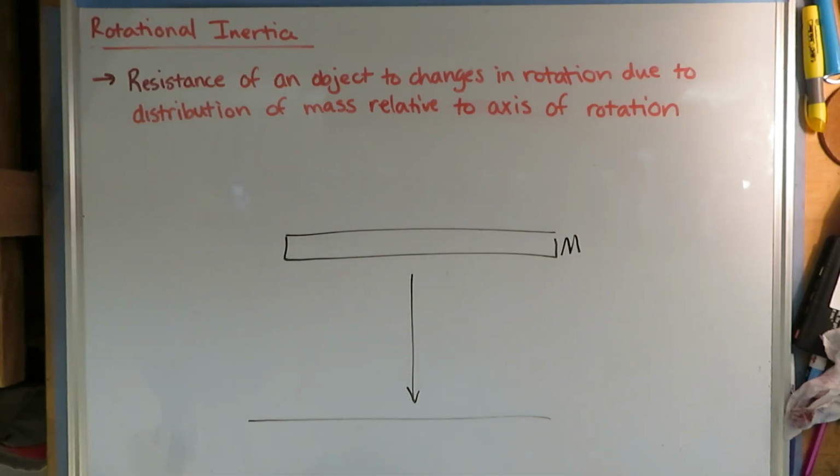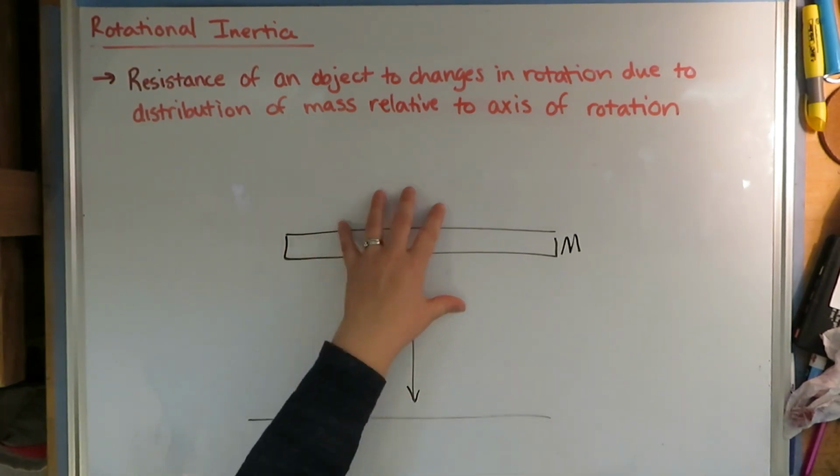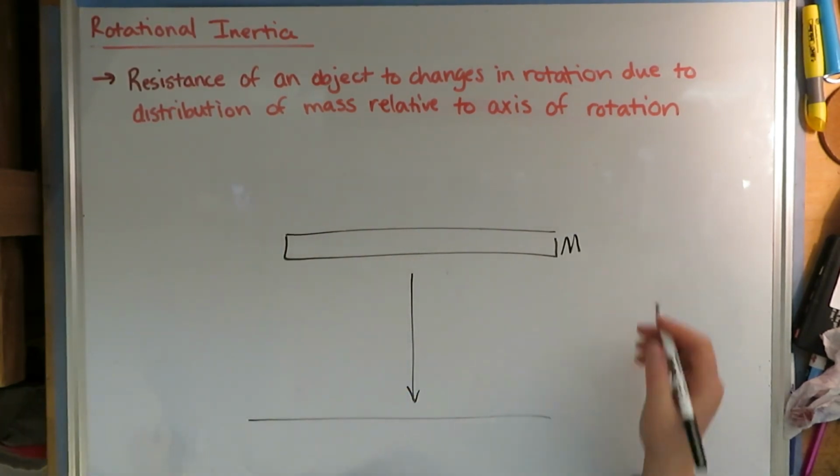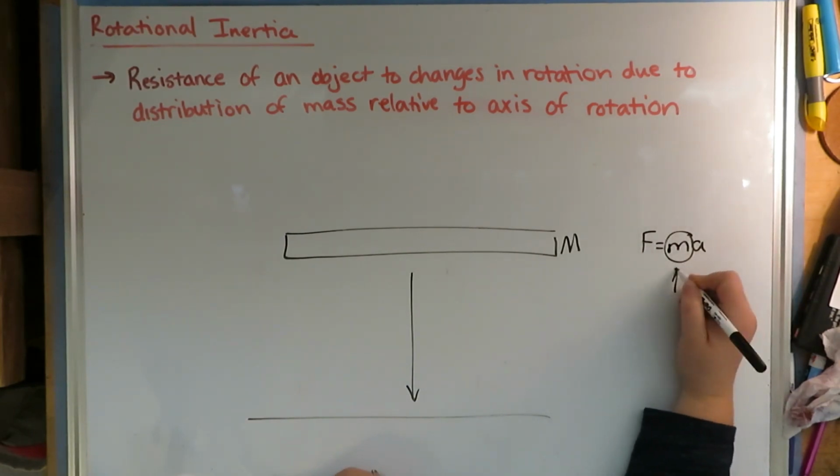So depending on what force is being applied, it's going to get a different acceleration. If I wanted to change the behavior of this, I would have to apply a force, I get an acceleration, and that was Newton's second law. So this mass here is inertia.